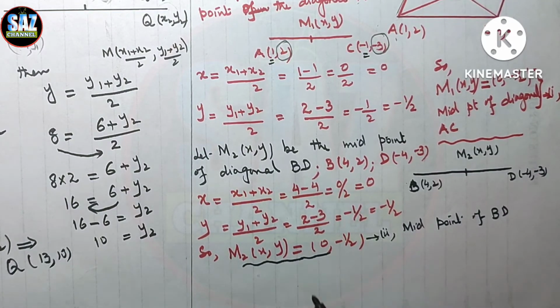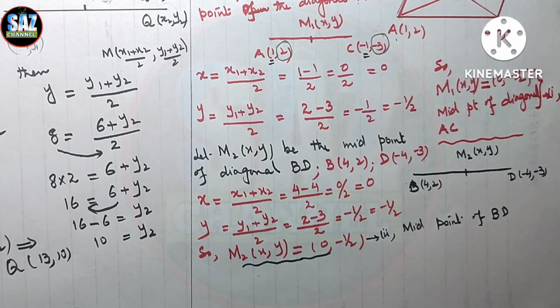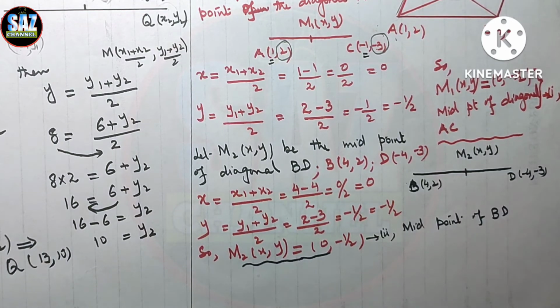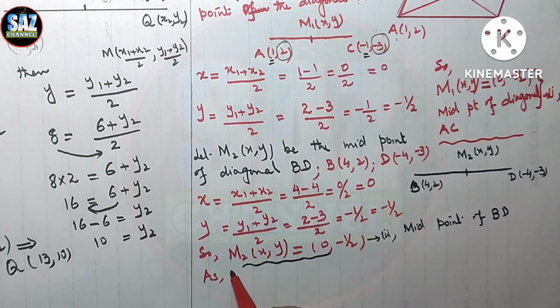From 1 and 2 we can see that the midpoints of both the diagonals are the same. So what we can say is, as the midpoints of the diagonals are the same, hence the diagonals bisect each other.